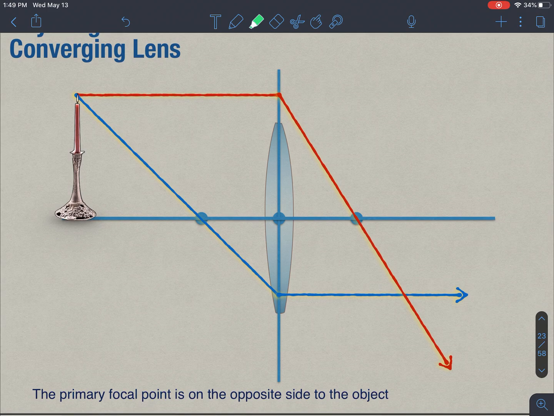We go through the focal point that's already on our ray diagram on the same side. Once that ray hits our vertical axis or our lens, it then goes out parallel to our surface. You can see that they're already starting to intersect here. Technically you only need 2 rays, but just for accuracy, we're going to do 3 rays.